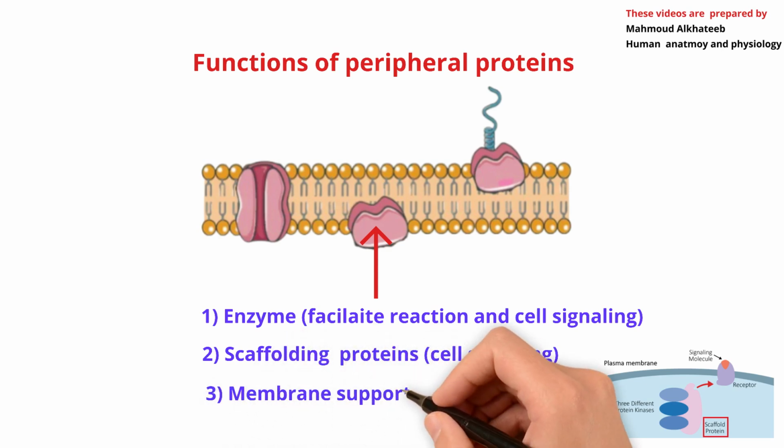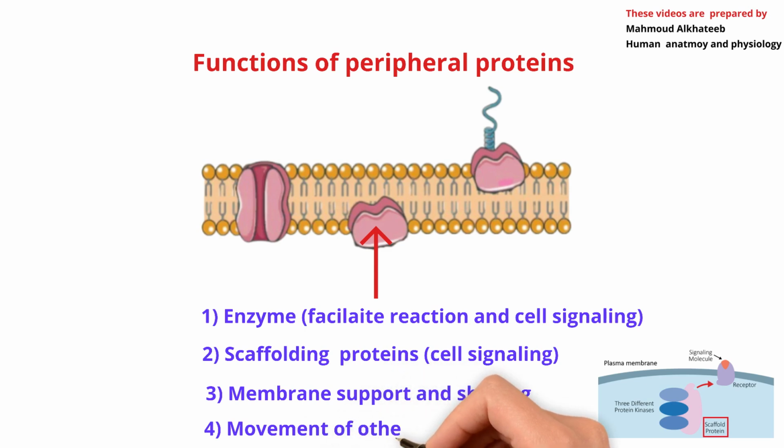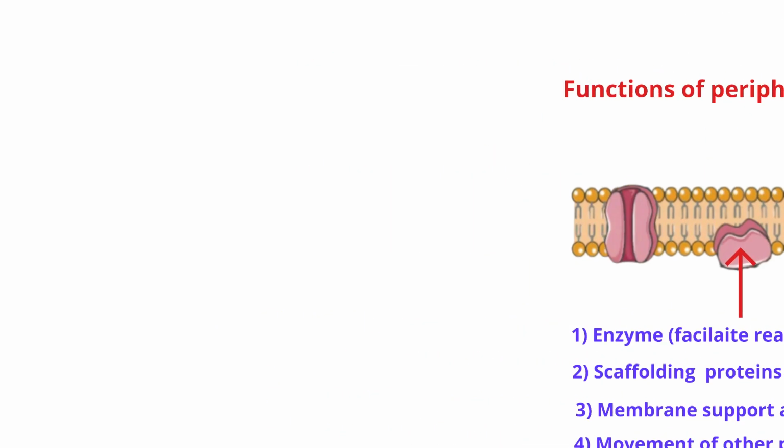Peripheral proteins also contribute to membrane support and shape by linking the membrane to the cytoskeleton. Additionally, they help regulate the movement of other membrane proteins, ensuring that proteins are properly positioned. Also, these proteins assist in the formation of lipid rafts, which are involved in cell signaling and protein interactions.